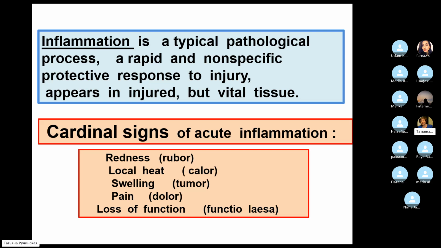Why did we say a typical pathological process? It means that such inflammation process appears in all animals and in human beings, and it does not depend on the cause which is initial for injury.